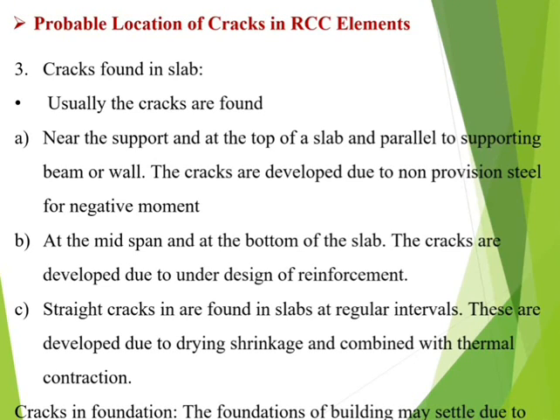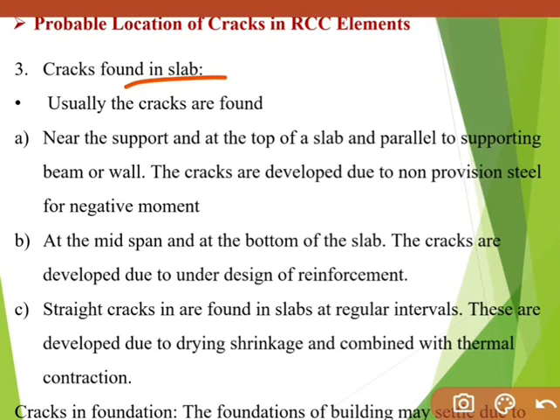Next, cracks found in slab. Slab is also an RCC member. Near the support and at the top of a slab, parallel to the supporting beam or wall, cracks develop due to non-provision of steel for negative movement.